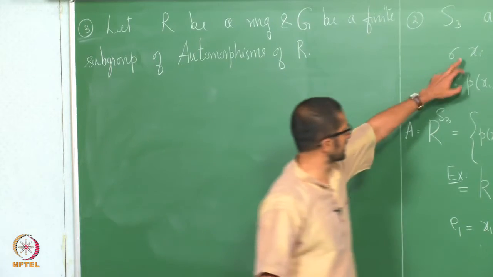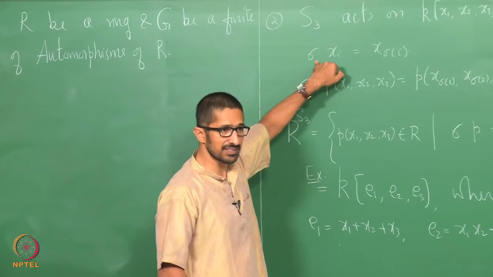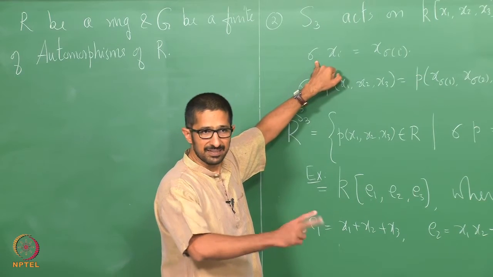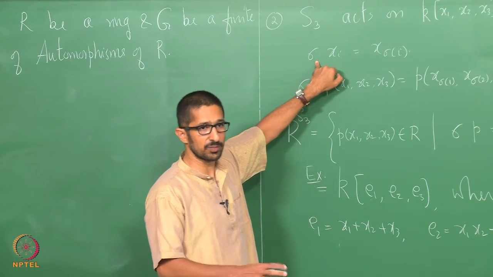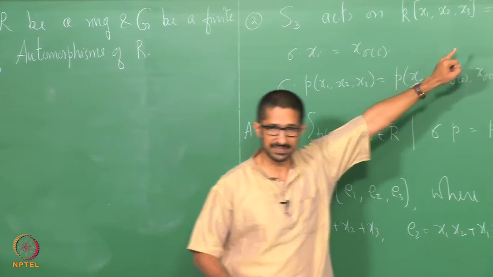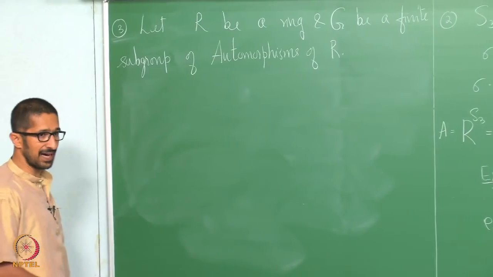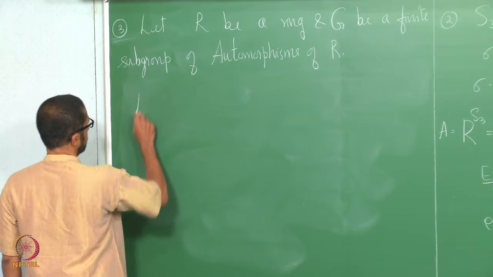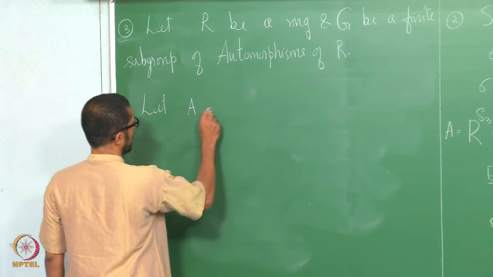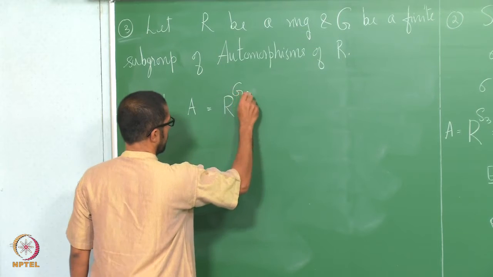In particular, a permutation of variables is an automorphism of k[x1, x2, x3], okay. So we take a finite subgroup of automorphisms of R and look at A to be equal to R^G.